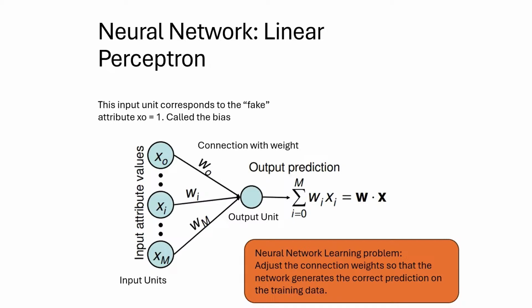So generally speaking, the neural network learning problem is the adjustment of connection weights to let the network generate the correct prediction on the training data. So this is the general problem. And how to find the weights is another issue.